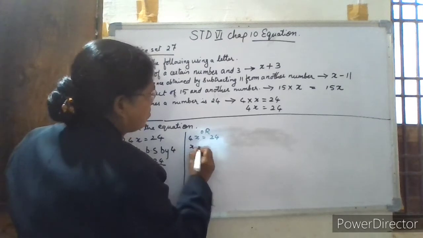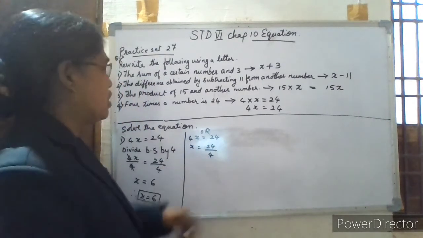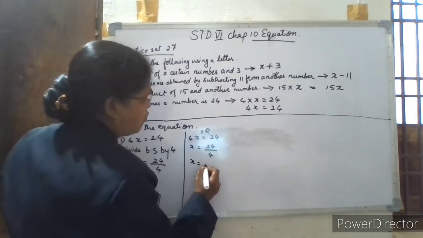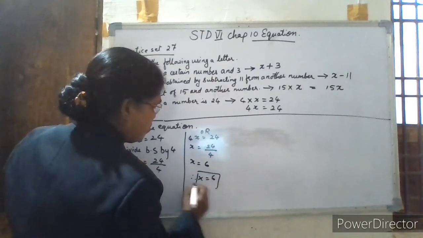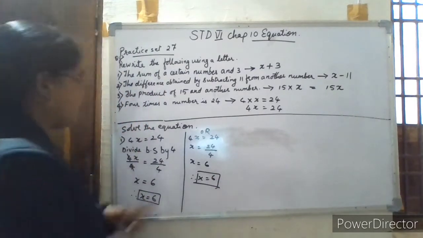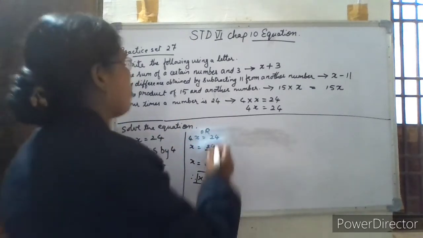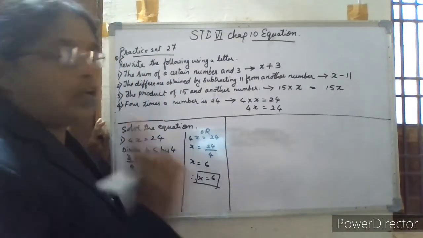So x is equal to 24 divided by 4, where the fraction bar means division. 4 sixes are 24, therefore x is equal to 6. This is the first method and this is the second method. For other equations also I have taught two methods, so solve every equation by both methods.